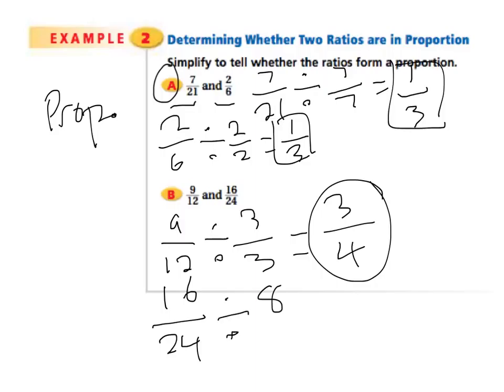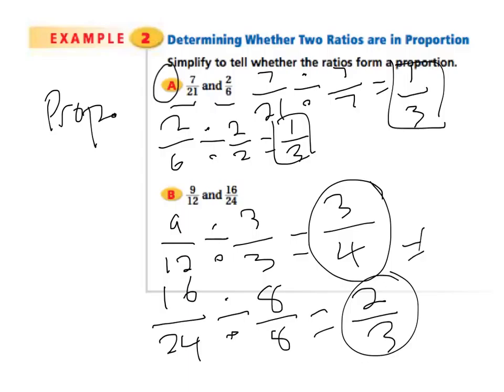I'm going to divide it by 8. 16 divided by 8 is 2, and 24 divided by 8 is 3. These two are not the same, so these are not proportional. Okay? So ratios are proportional only when both ratios in simplest form are the same.